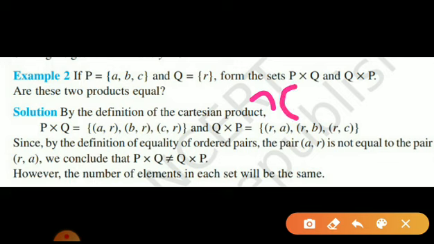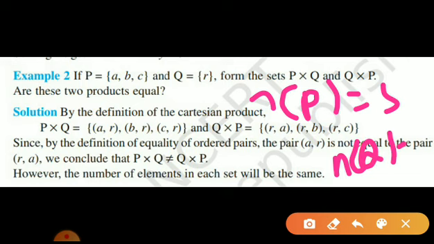Number of elements in P is 3, and number of elements in Q is equal to 1. That means how many elements will be there in P cross Q? It will be 3 into 1, that is equal to 3. Similarly, the number of elements in Q cross P will also be 3.